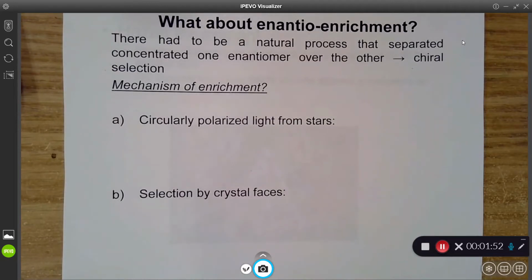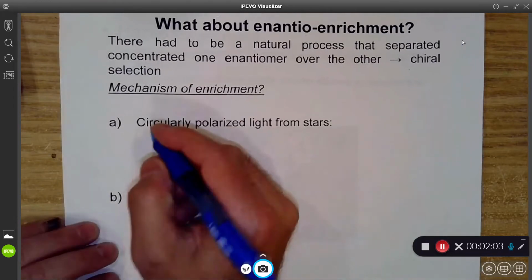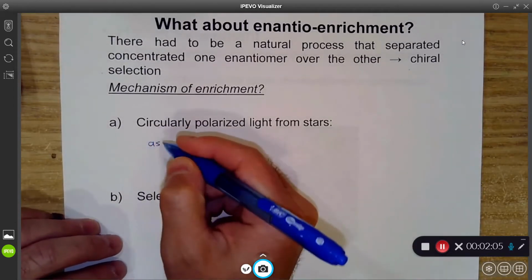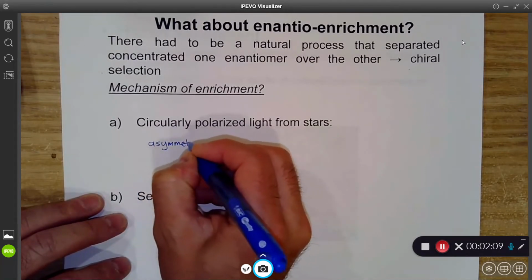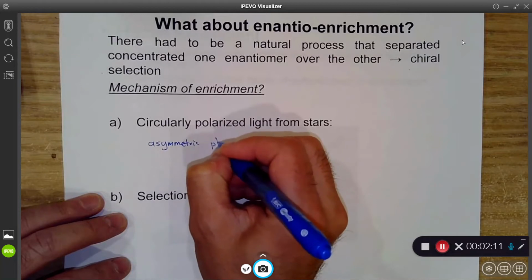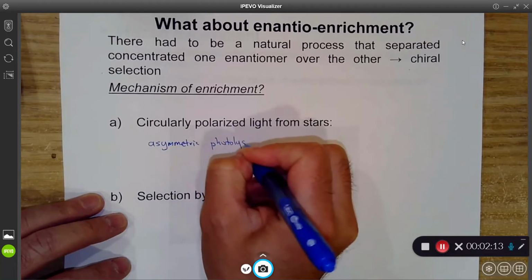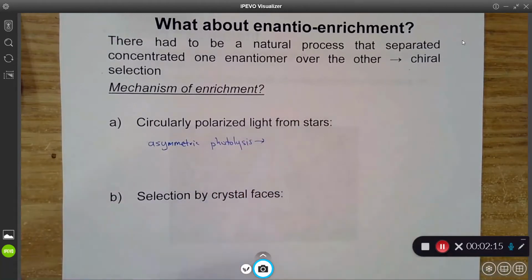One of them is that circularly polarized light from stars could have impacted enantioselectivity. So this is known as asymmetric photolysis. Essentially, what happens is that the two different enantiomers degrade at different rates.